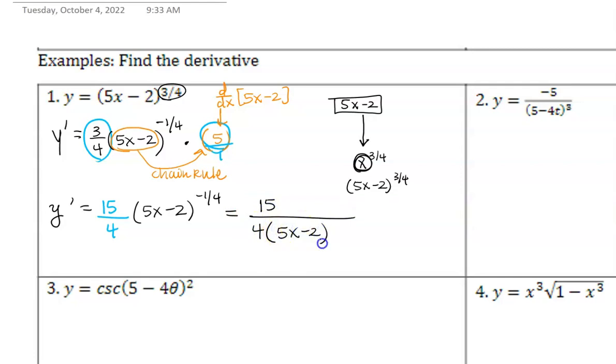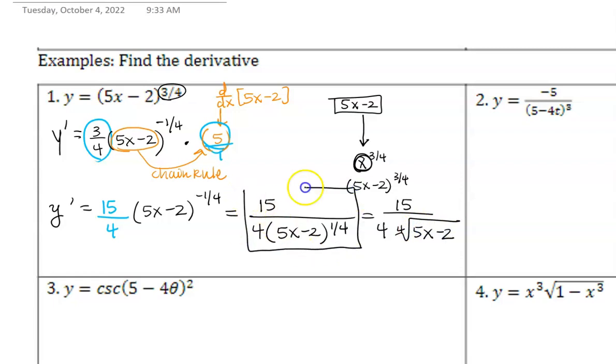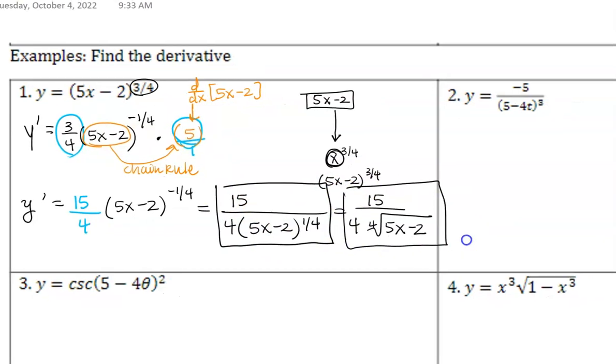So now in the denominator, the 5x minus 2 will have an exponent of a positive 1/4. Alternatively, if you so wish, you could also rewrite this as a 4th root in the denominator, since the exponent is 1/4. So either one of these is a perfect final answer. Let's look at example 2.